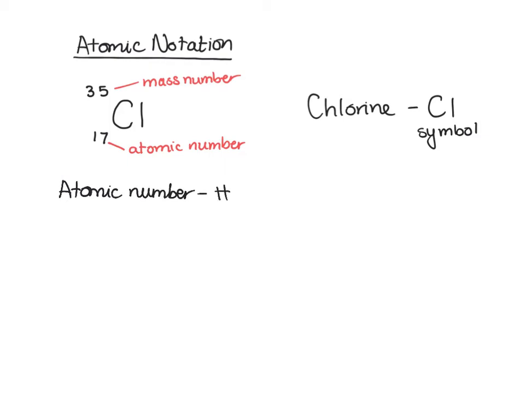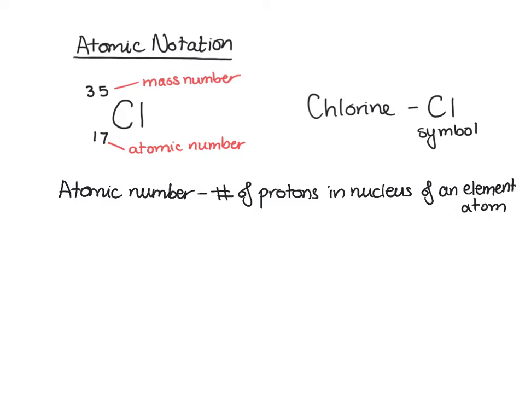So it's telling you the number of protons in the nucleus, because remember that's where they're located, of an element atom. So by looking at this and seeing that chlorine has an atomic number of 17, that is telling me that I have 17 protons inside the nucleus of a chlorine atom. So that is what it is telling me.